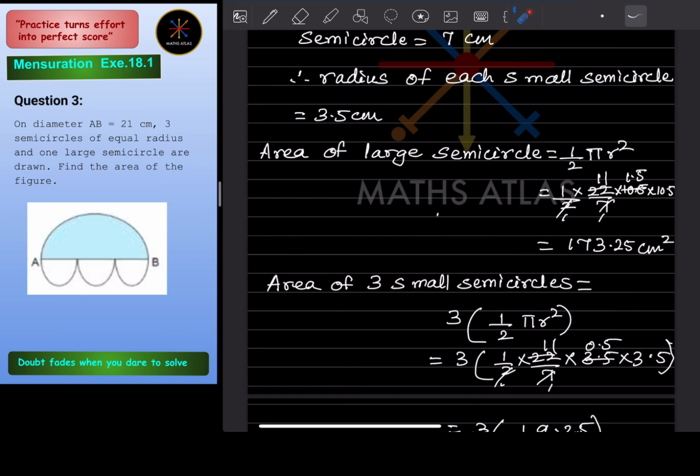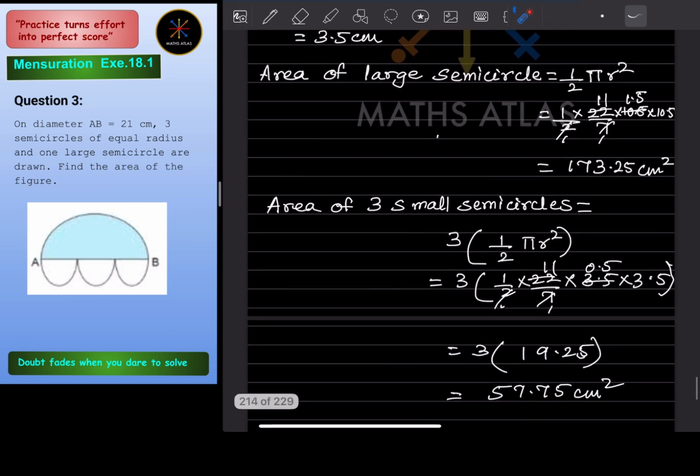Now let us see the area of the 3 small semicircles. What we can do is directly put here 3 and use the formula for the semicircle, half pi r square. Or you can take the area of one small semicircle and later multiply by 3. That also can be done. I have done it directly by taking 3 together because all are of the same diameter.